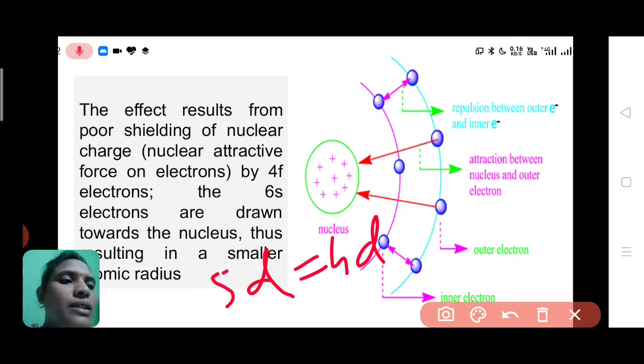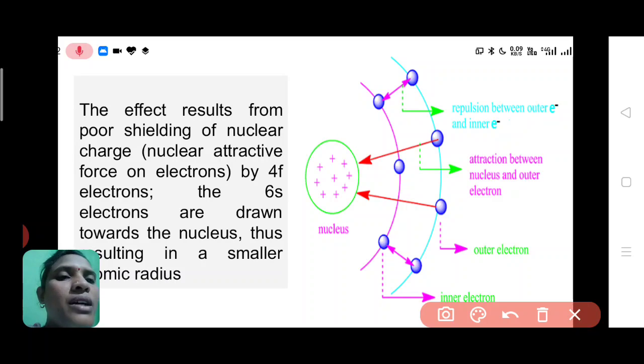Okay, so this is the overall shielding effect, how it decreases the size of 5D series elements, and this shielding effect results in lanthanoid contraction, and due to this lanthanoid contraction there is a decrease in the atomic size of 5D elements than expected.